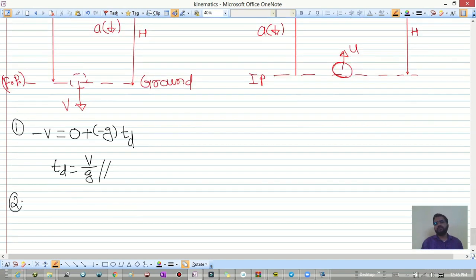Second equation of motion: s is in the downward direction, so minus h is equal to u is 0, so 1 by 2 into minus g into t squared. This is also td only. So the time of descent has two formulas. Td is equal to root of 2h divided by g.